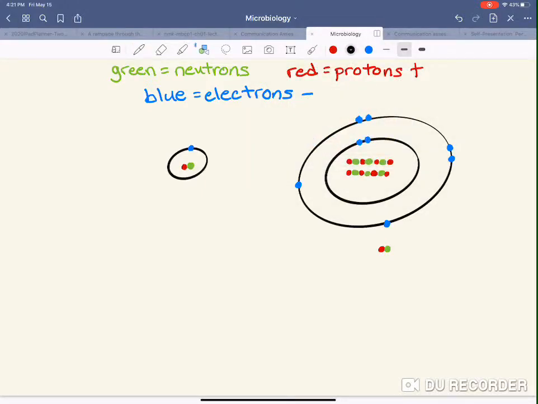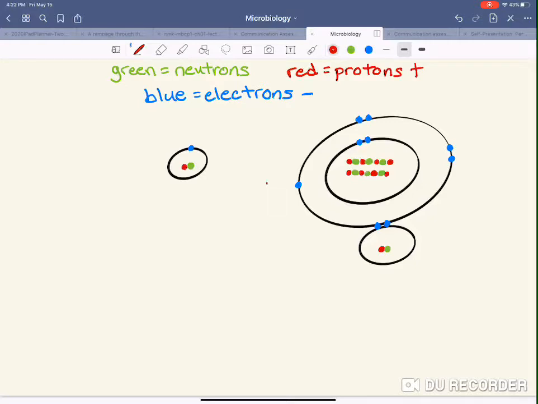And then it is going to share an electron with this oxygen atom. And the same thing is going to happen for the other one.